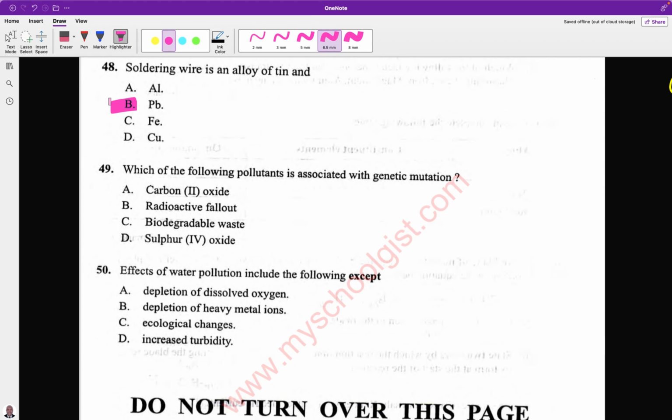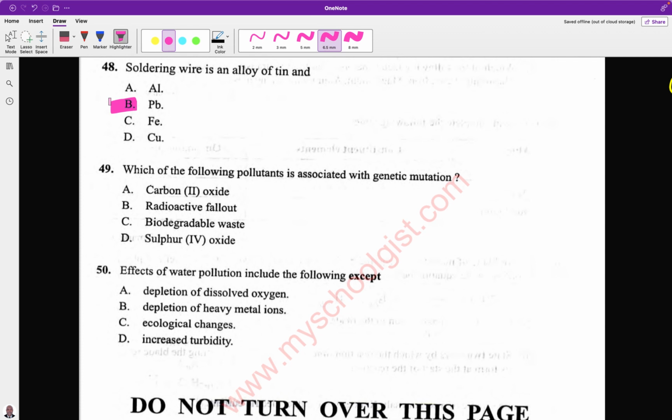Carbon(IV) oxide, radioactive fallouts, biodegradable wastes, sulfur(IV) oxide.